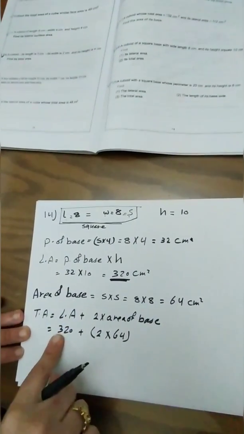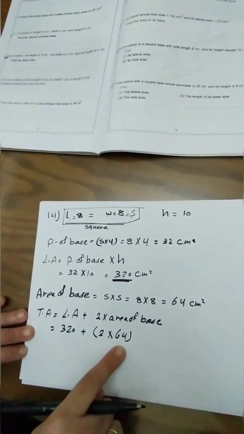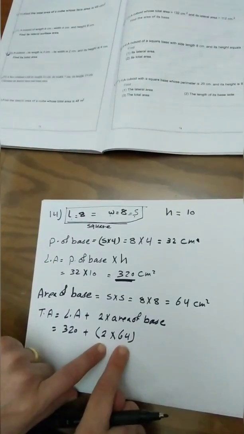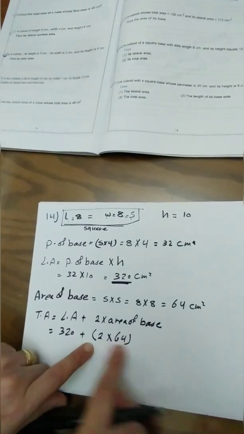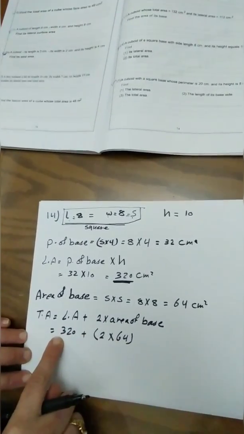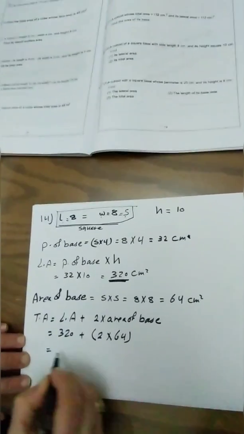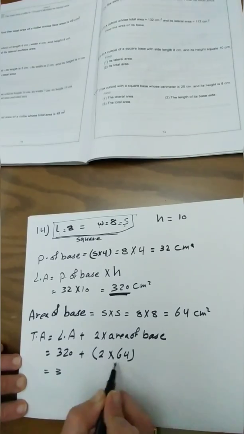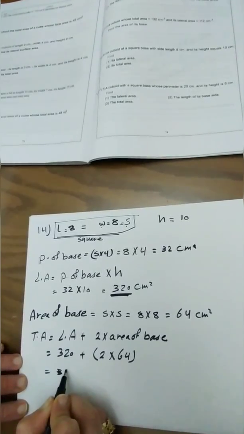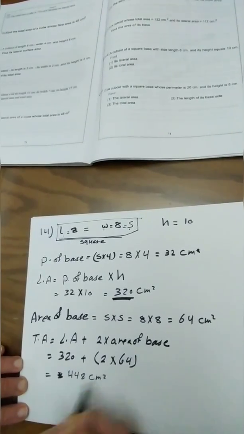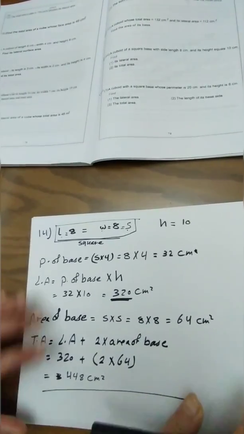Don't make 320 plus 2, then multiply it by 64. No, this is together. These are together. This bracket together, multiply it first, then add 320. Equal 320, make the multiplication. The answer will be 448 centimeter square.